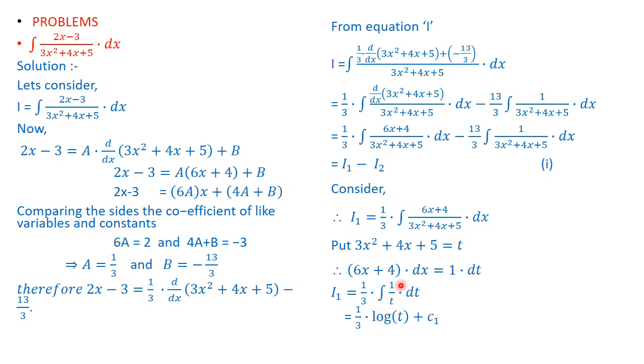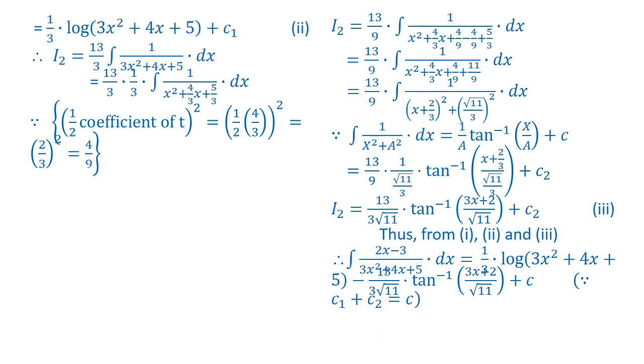Therefore, integration of 1 by t is log of t plus c1. So it is 1 by 3 log t, and what is t? 3x square plus 4x plus 5, plus c1.